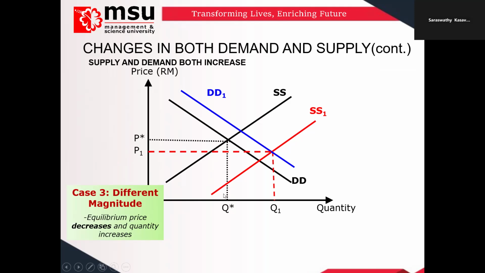After the increase in both supply and demand, the supply curve shifts to the right from SS0 to SS1, and the demand curve shifts to the right from DD0 to DD1. So the equilibrium price decreases from P star to P1, and the quantity increases from Q star to Q1.